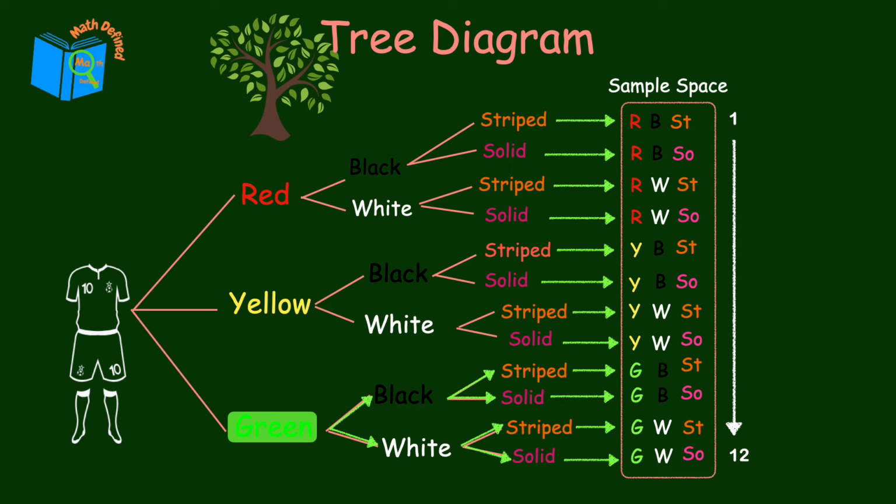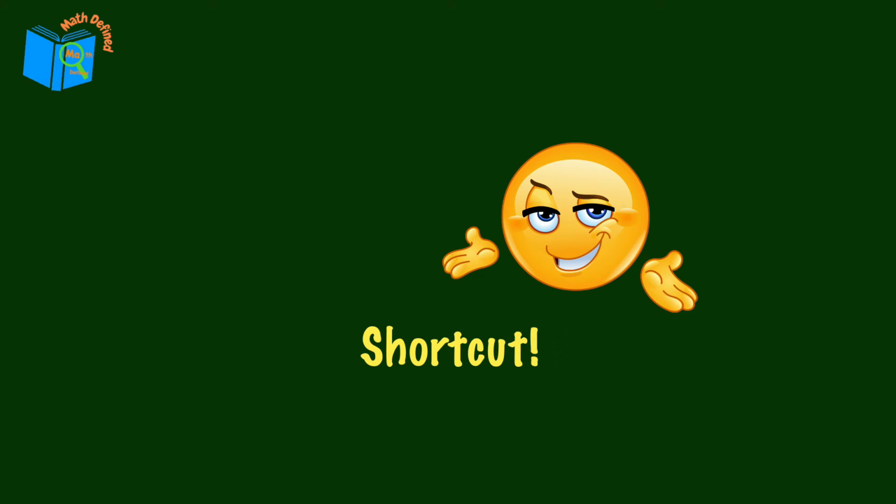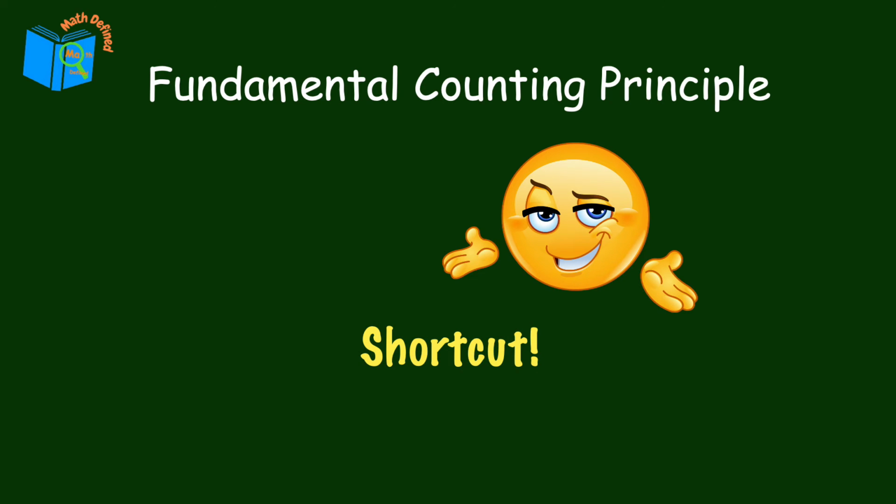Tree diagrams are super helpful for listing all the specific possible combinations you could make. But what if you just wanted to know the total number of combinations? Would you still need to draw a tree diagram? Luckily, there's a shortcut for this called the fundamental counting principle. It's a quick and easy way to find just the total number of outcomes without drawing a tree diagram and completing a sample space.